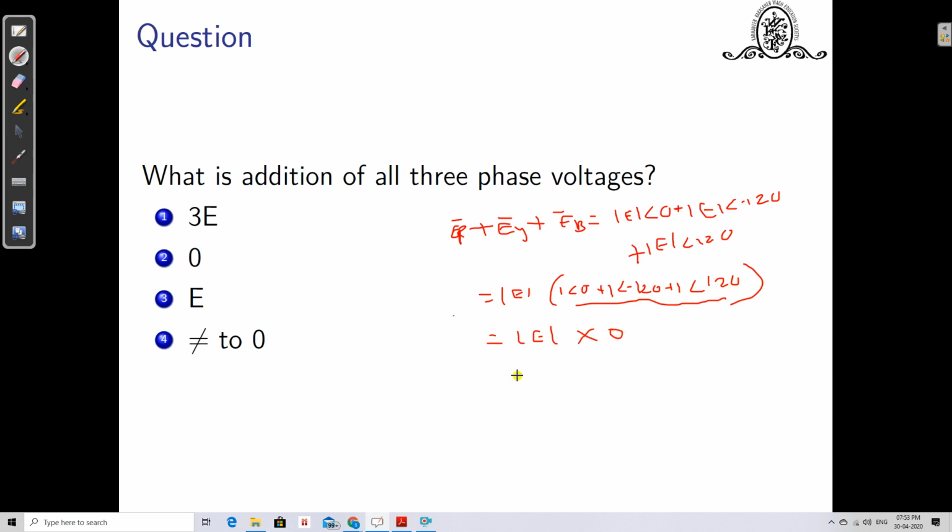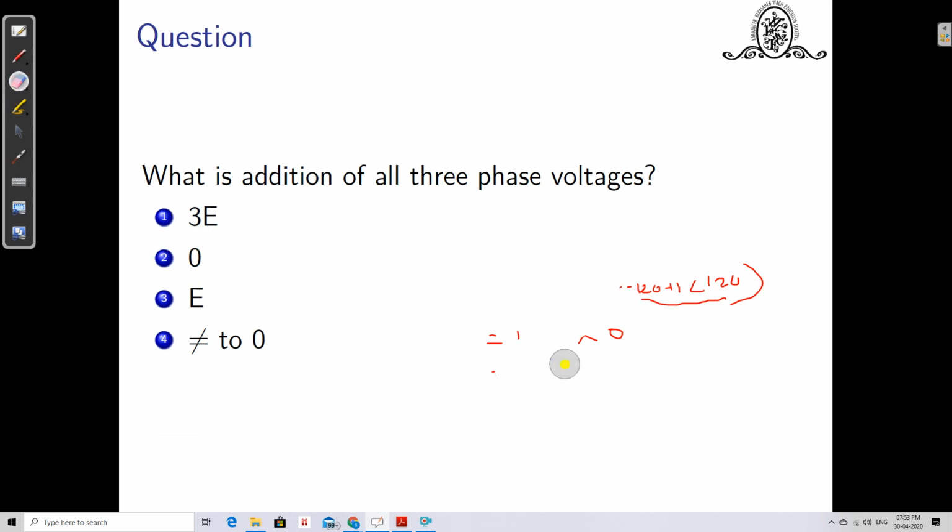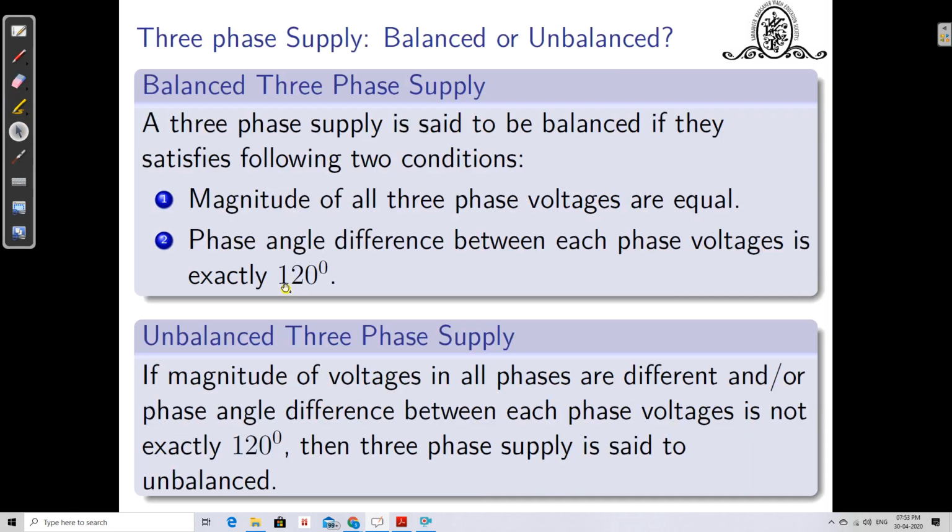Hence the sum of all EMFs is equal to 0 volts. Hence the correct answer is answer 2. I think you have written the correct answer, so congratulations to those who did. Those who made a mistake, please understand and think critically over it.